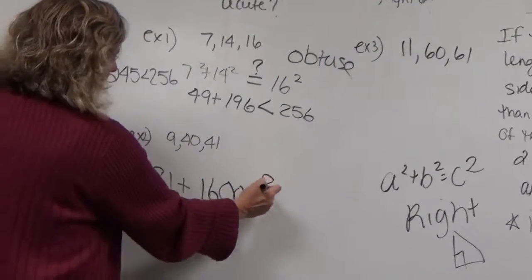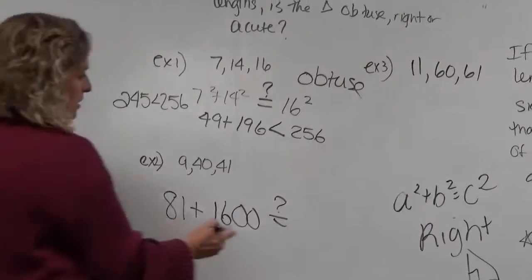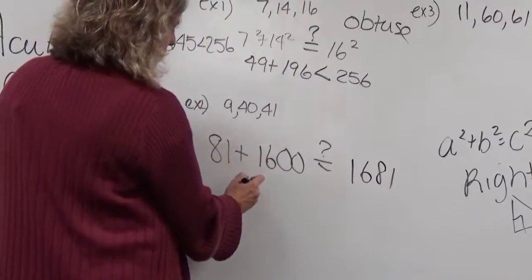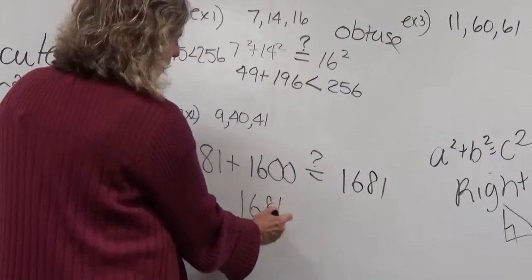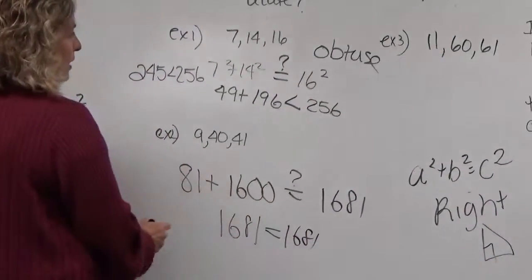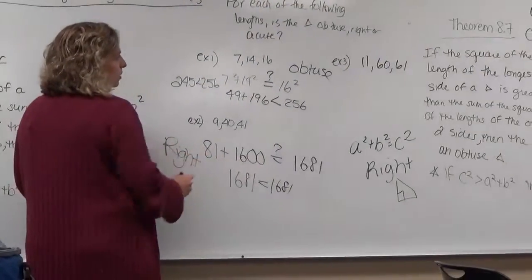And 41 squared is 41 times 41, which is 1681. 1600 plus 81 equals 1681. Okay, what kind of triangle is this one? It's right because they equal.